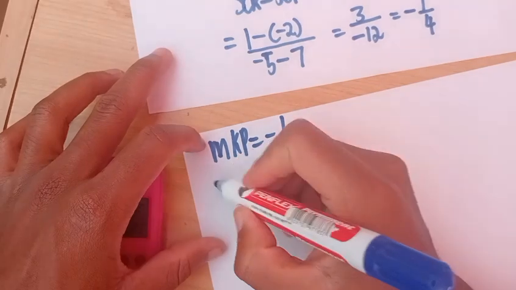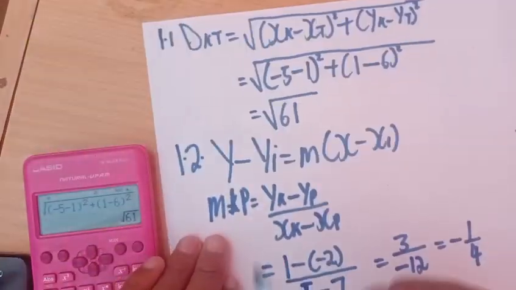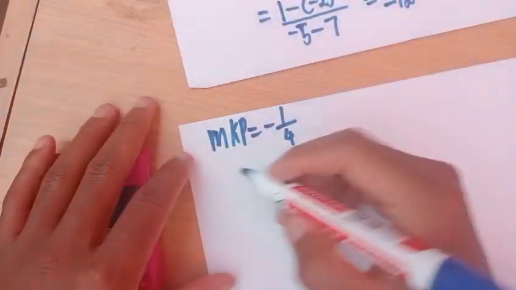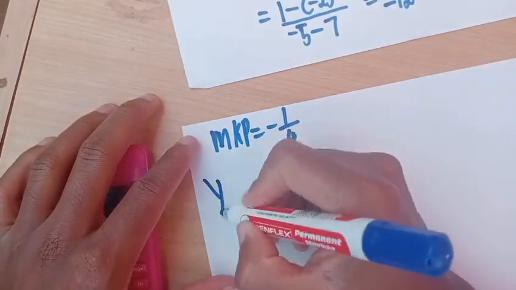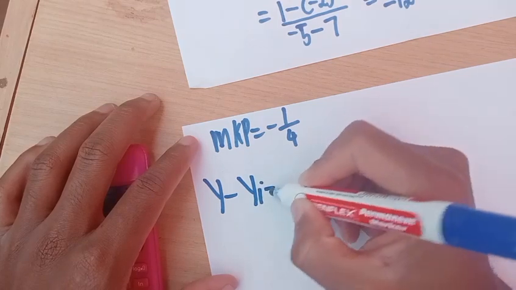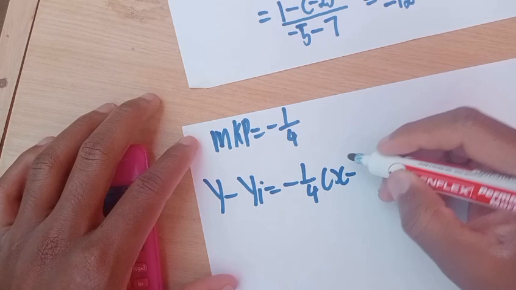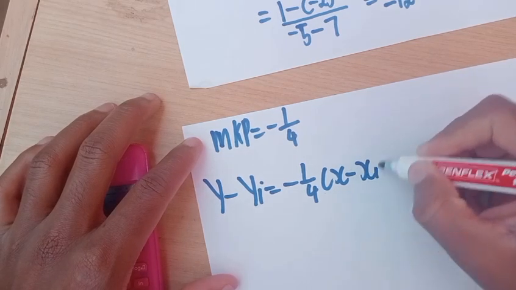So I'm going to now finish this equation: y minus y1 is equal to negative 1 over 4 times (x minus x1).